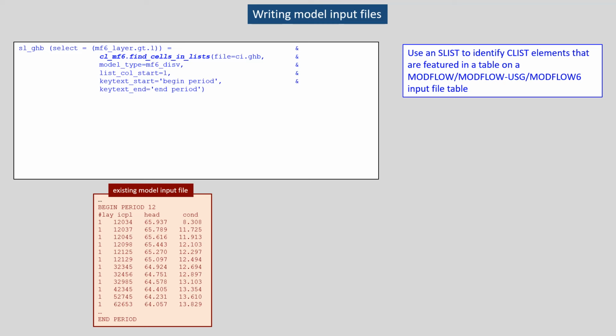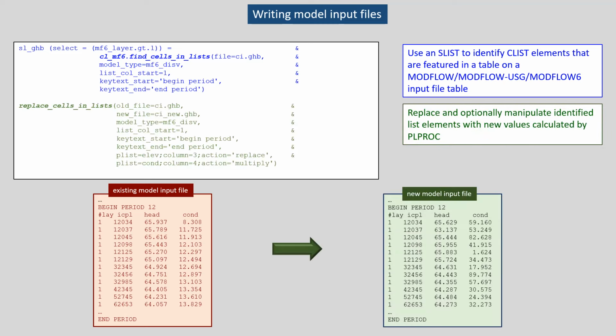It can then tailor its writing of that input file according to the cells that it discovers. In this case, it may read an existing model input file and write another in which the values of elements in certain tables have been filled or manipulated from these existing values in writing the new model input file. See the PLPROC manual for further details.